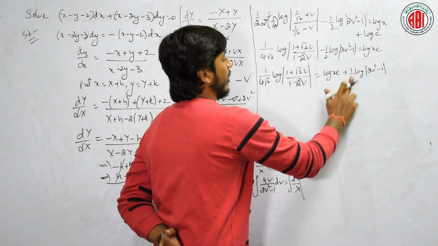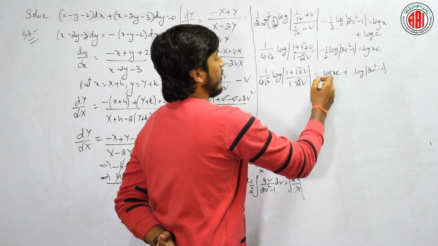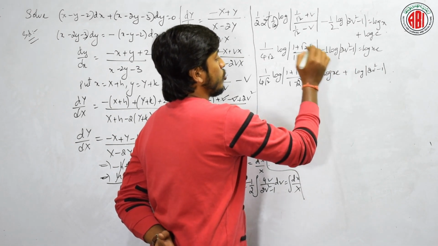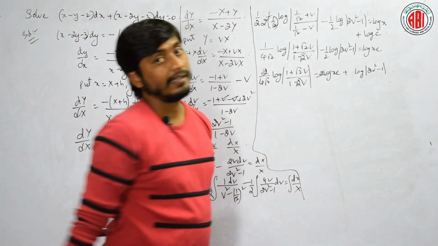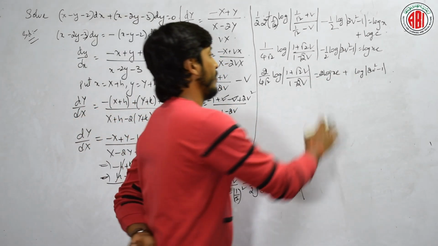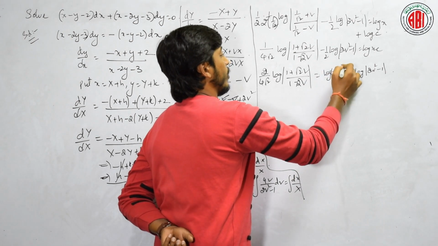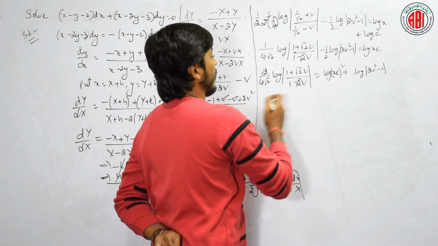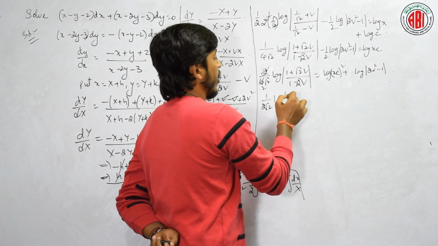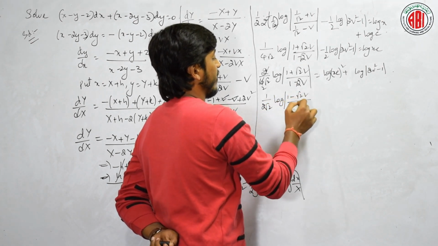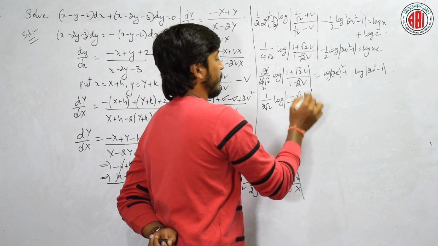LCM is 2 here. Let me write 2 here and send this to this side. Can I write like that? Yes, right. So this will be log xc whole square. Now log a plus log b, 2 1s are 2 2s are cancel, 1 by 2 root 2 log of 1 minus root 2v by 1 plus root 2v.